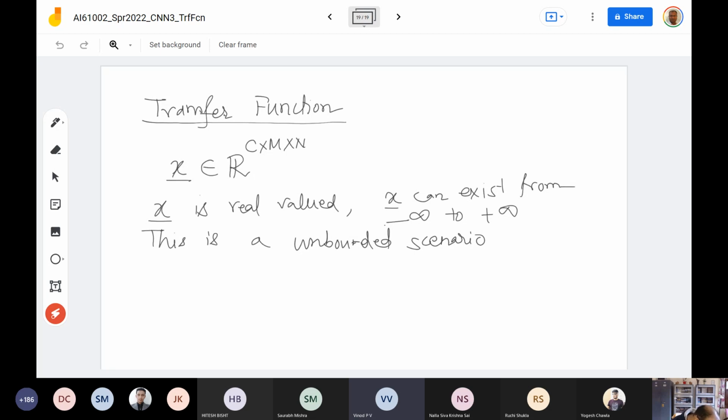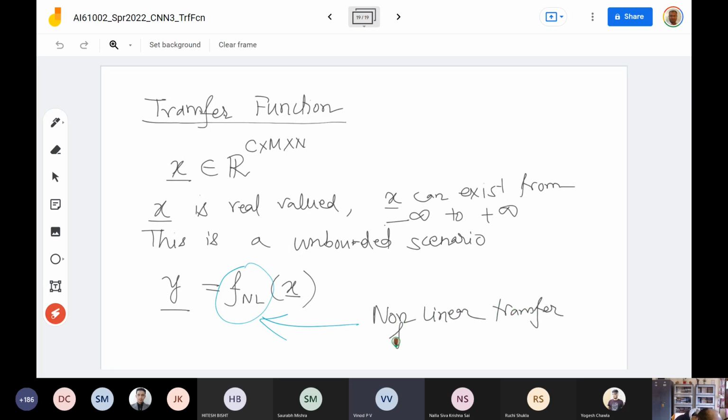Now if I want to get this into a bounded scenario, then I can write something like this: y is equal to f_NL of x, where this f_NL is a non-linear transfer function. Sometimes they are also known as activation functions.